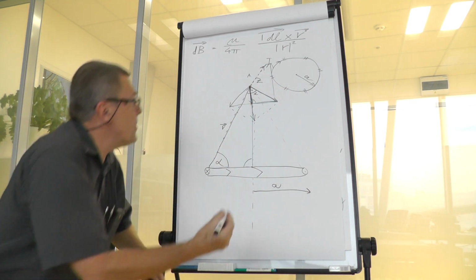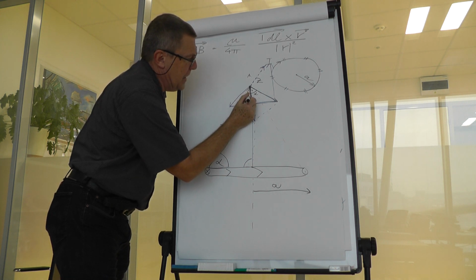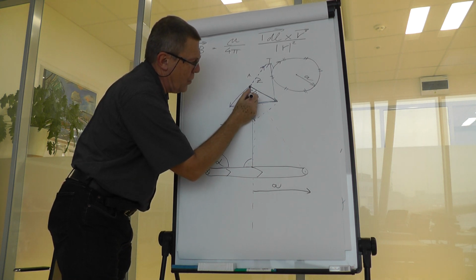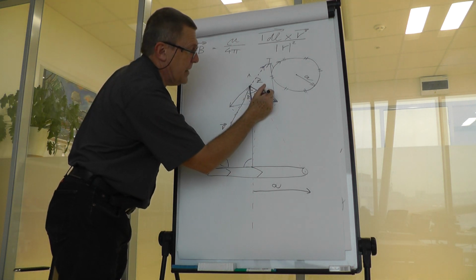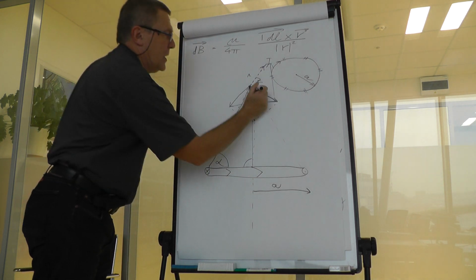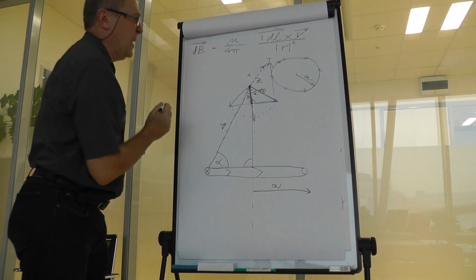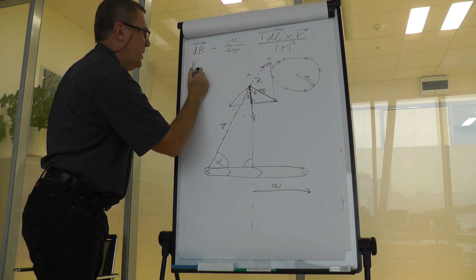So let's call this B with apostrophe, and let's call this dB, the elementary B. So B with apostrophe over dB.